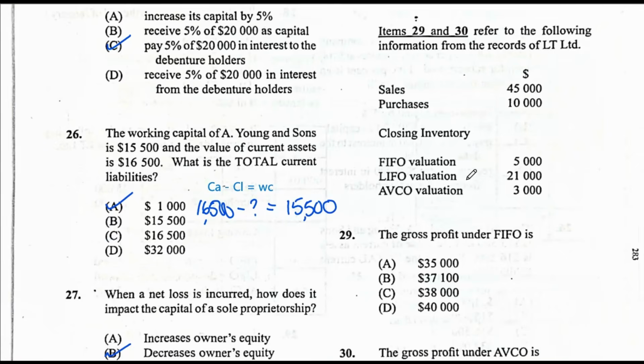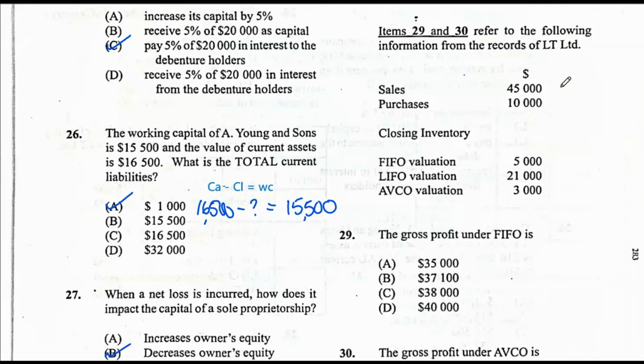Now you all would remember when we had done stock valuation, you'd have these three methods of working out stock. First in first out, last in first out, and average cost. And these different methods will give us different closing stock values. But as you all know, closing stock values affects reported profits. So there now we are being asked what is our profit in the first in first out method.